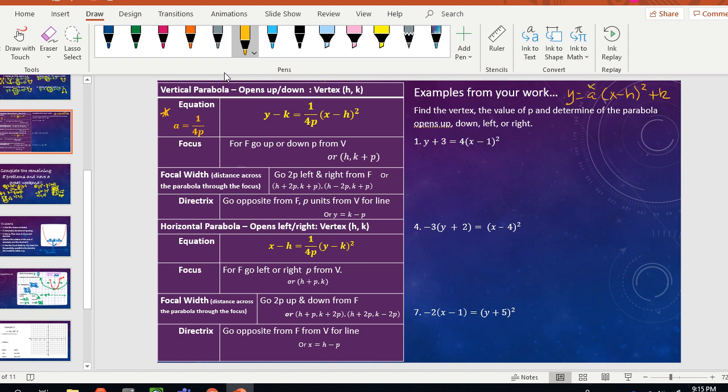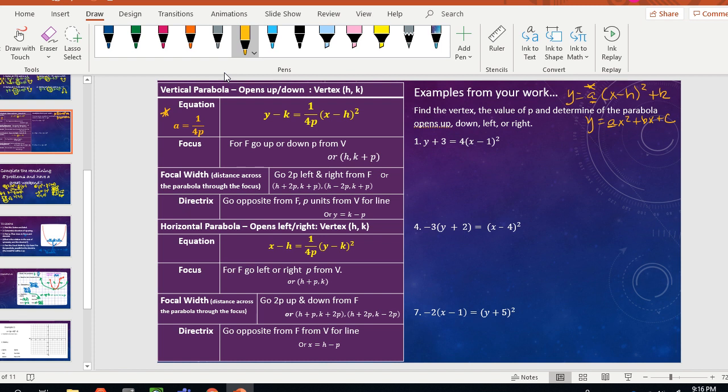It is this a value here. It could also be the a value out of y equals a x squared plus b x plus c. Those are the same a's. It's the original front a. All right, so with that said, I'm going to jump into these and show you how to find these equations.